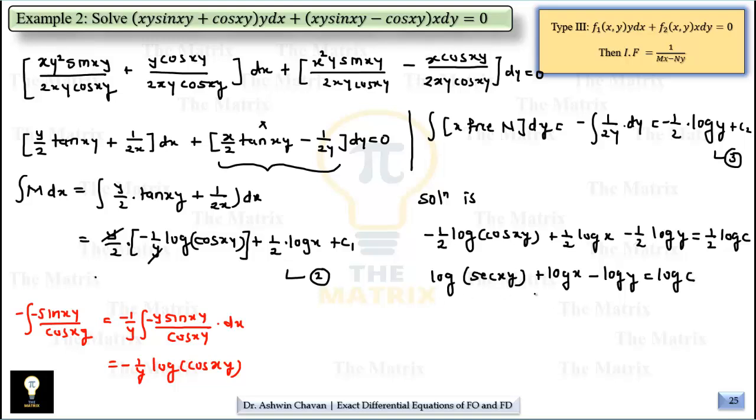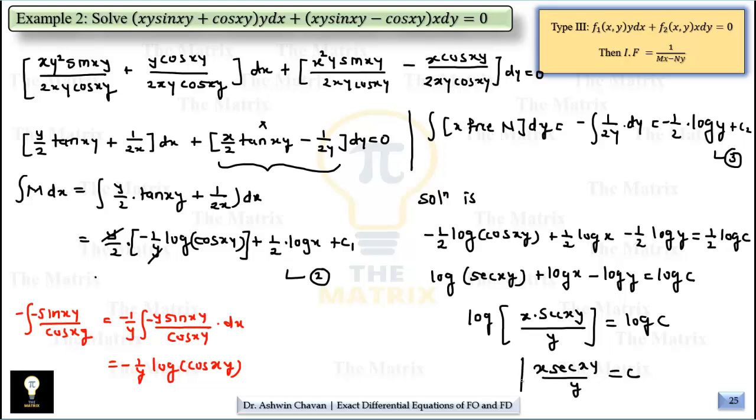So using the log property, log of a plus log of b is log of a into b, so x into sec of xy we can write, and minus log y can be written as log of denominator y, equals log of c. That's why finally we can write x into sec of xy whole upon y equals c. So this is the answer we could write.